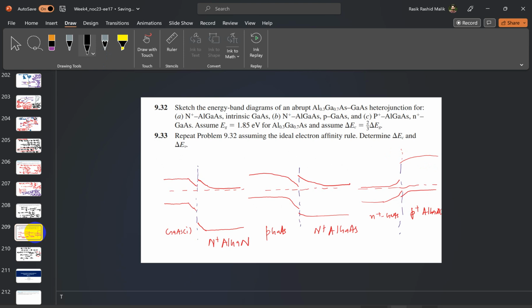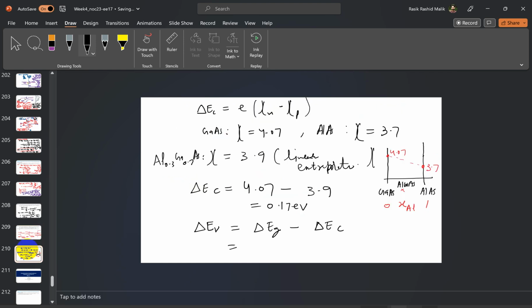EG for the two cases is 1.85 and 1.424, so 1.85 minus 1.424 is 0.426 electron volt. Okay, so this solves this part of the question as well.